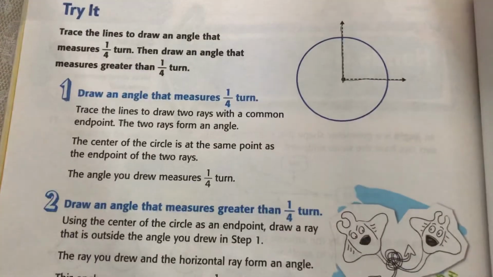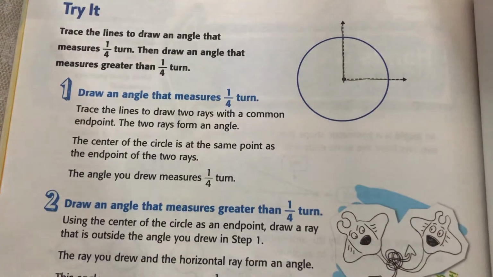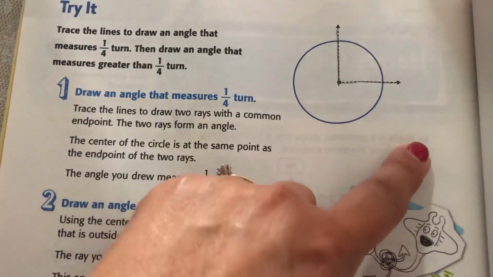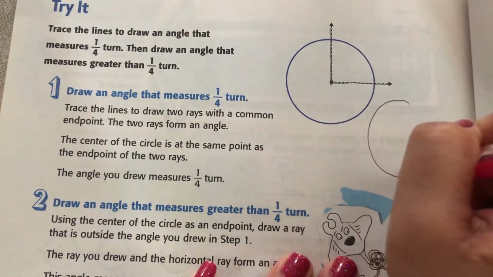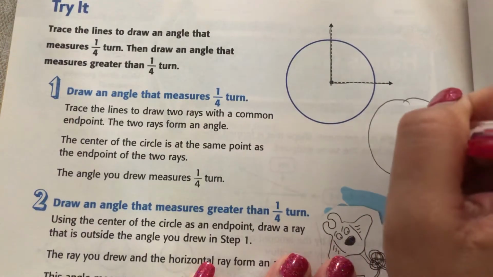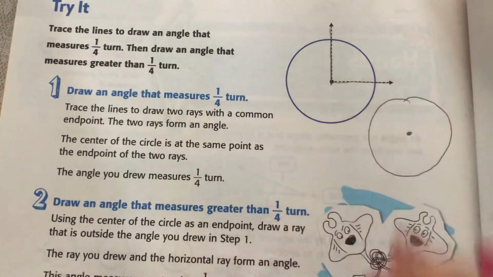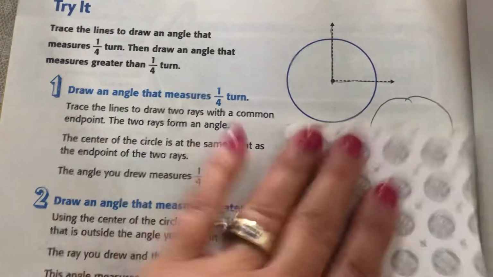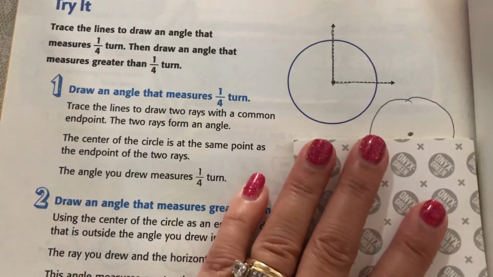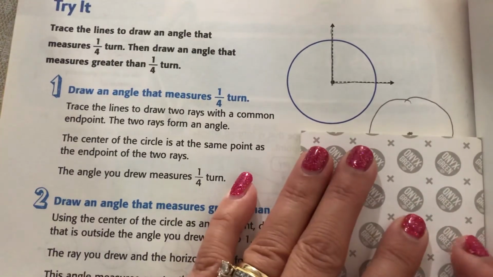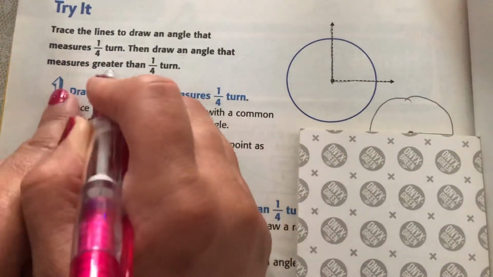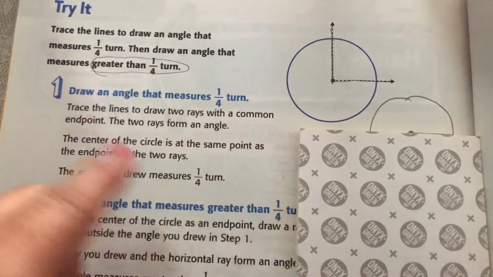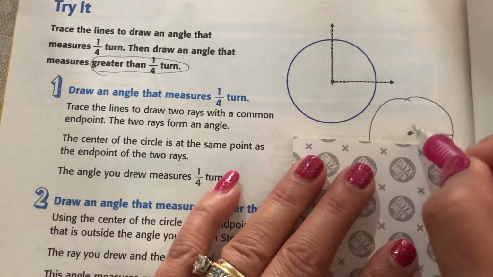Okay. All right, so let's draw another circle right here. It doesn't have to be very big, okay? So we're going to draw another circle here. Put a little middle point. And again, if you have a ruler, that's great, but you don't need one, okay? And this time it said to draw the angle that is greater. So I want to make sure it's greater than this.